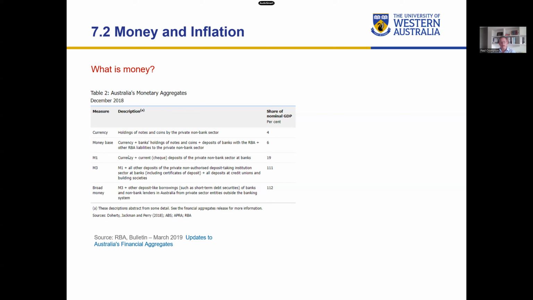But we're going to back away from this table and say to ourselves, the money supply equals currency in circulation plus bank account deposits. Now, you know what currency in circulation is? That's just notes and coins. And we're going to add into our definition of money bank account deposits.